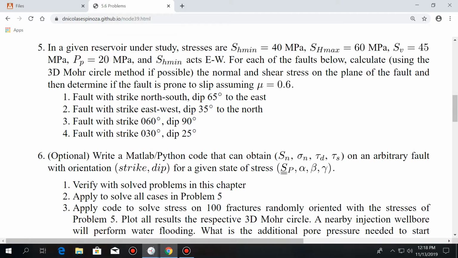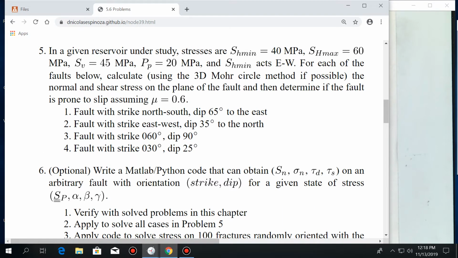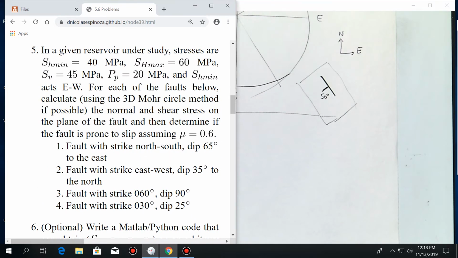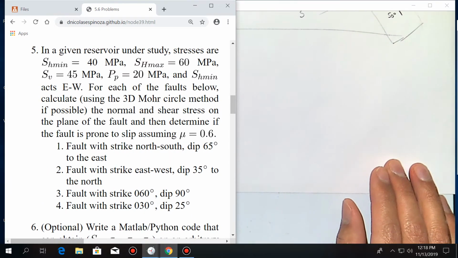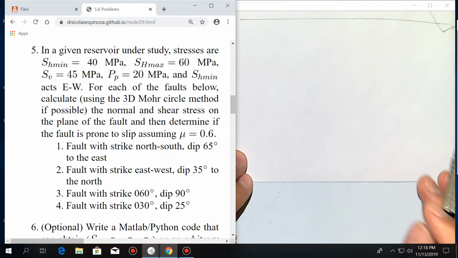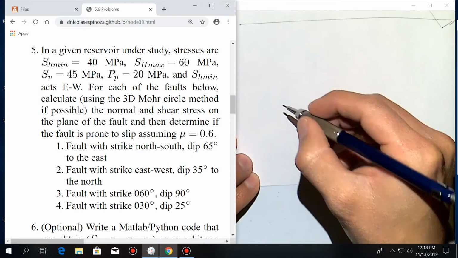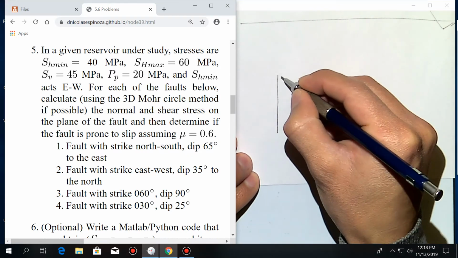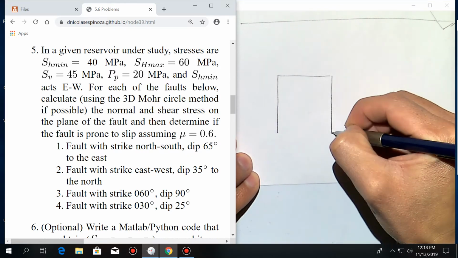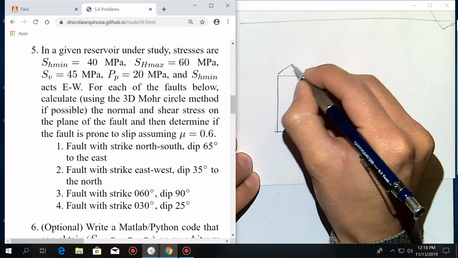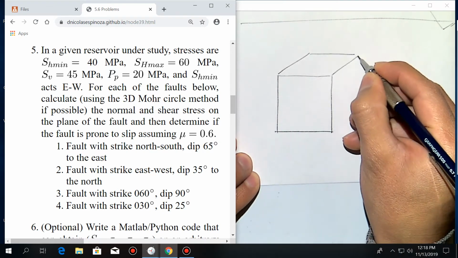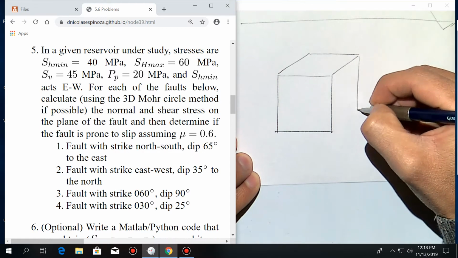And for this problem, basically what we're looking at is a condition in which we have one stress aligned east-west. So I can draw my block aligned with the coordinate system.